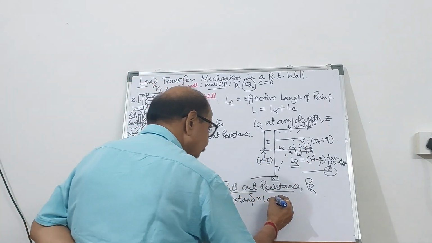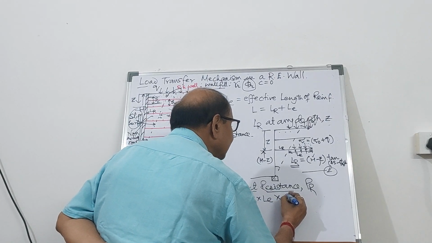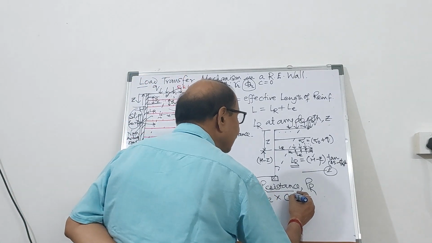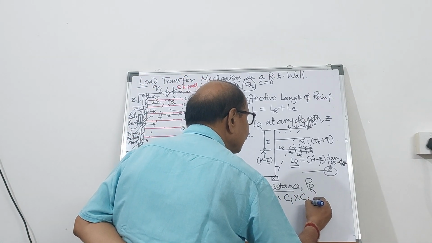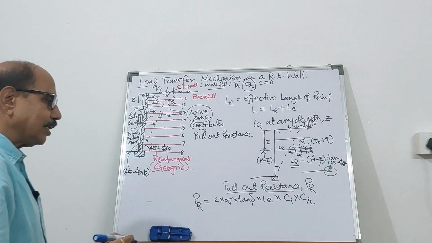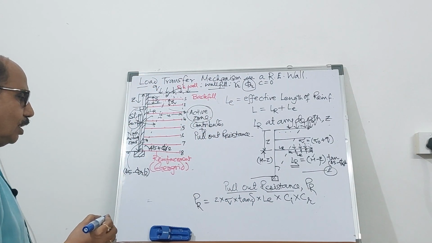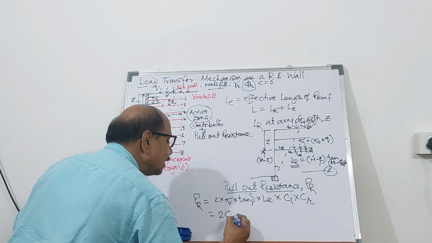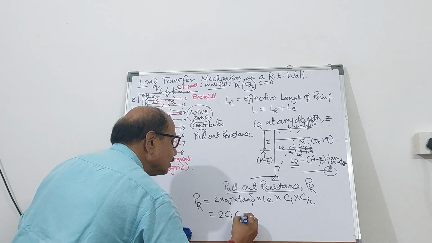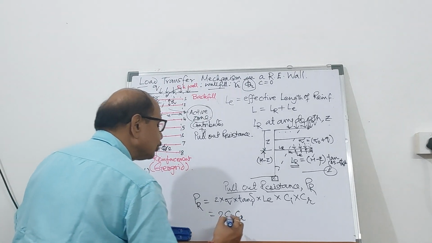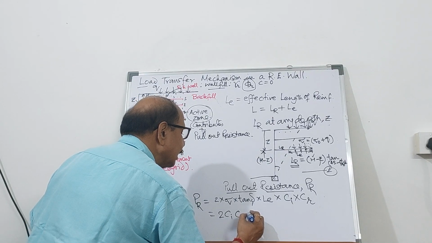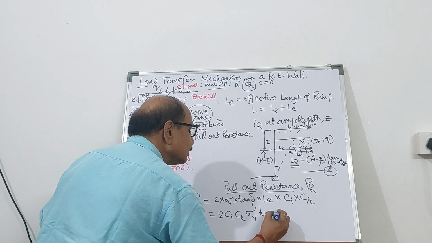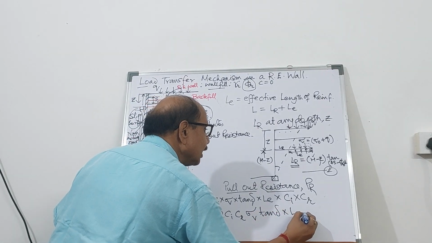So multiplied by LE into what is the interaction coefficient. So Ci multiplied by what is the coverage ratio. So here the formula becomes 2 times Ci, the interaction coefficient, into Cr, the coverage ratio, multiplied by sigma V tan delta into LE.